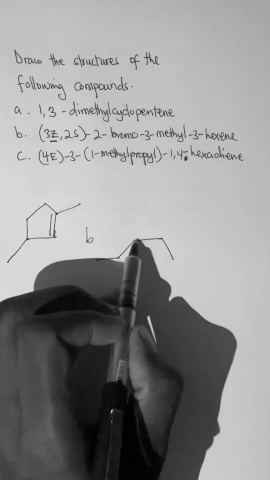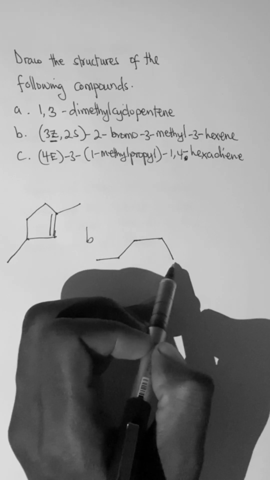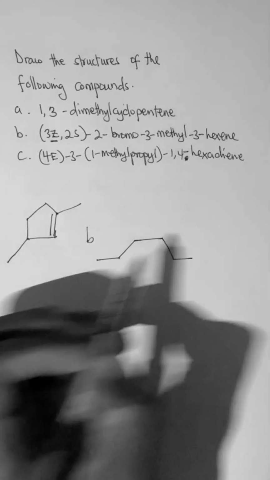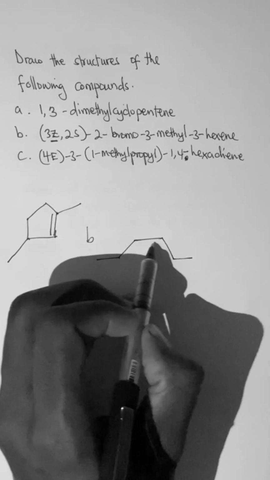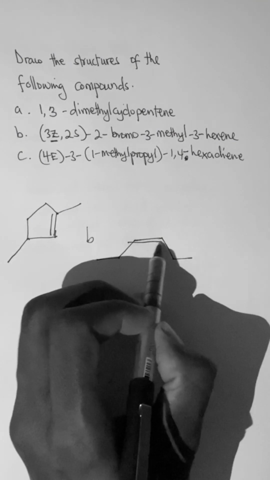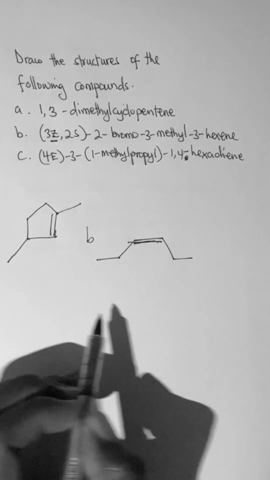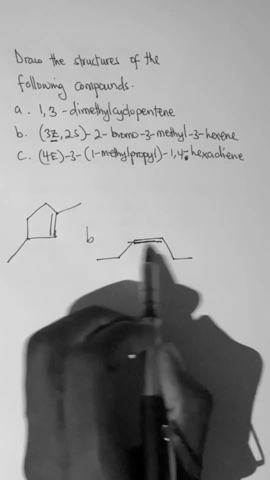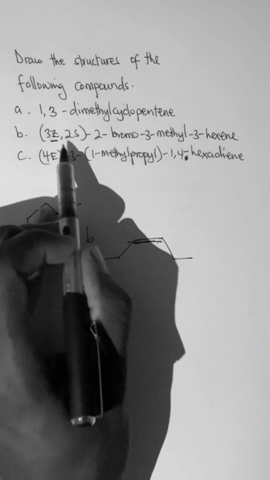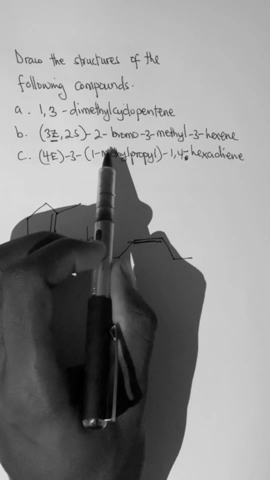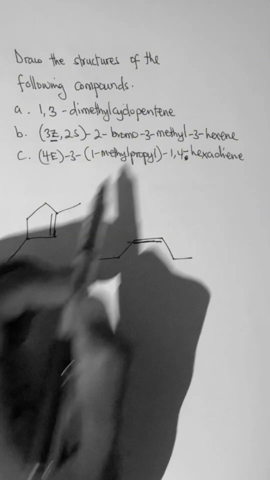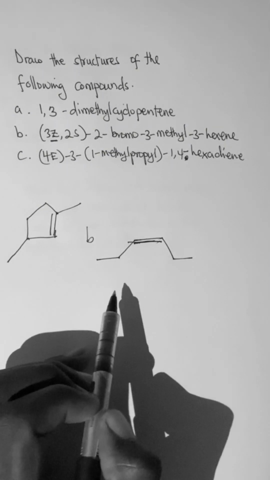So 1, 2, 3, 4, 5, and then 6. Now we are talking about a 3-hexene, so there's supposed to be a double bond on carbon number 3. However, we are also told that there is a bromine on carbon number 2. So there is a bromine here.